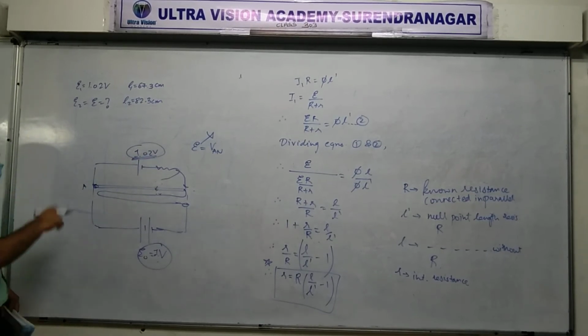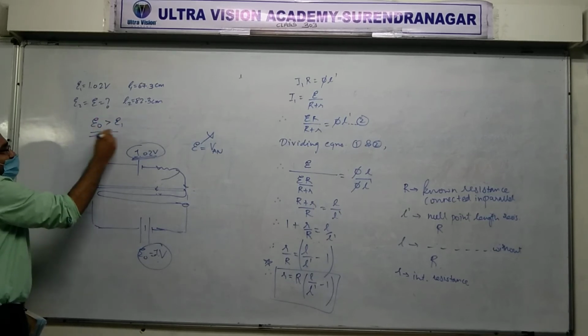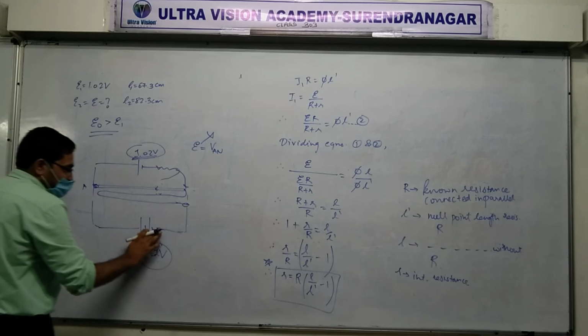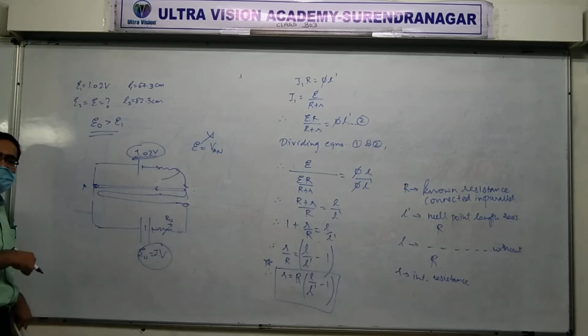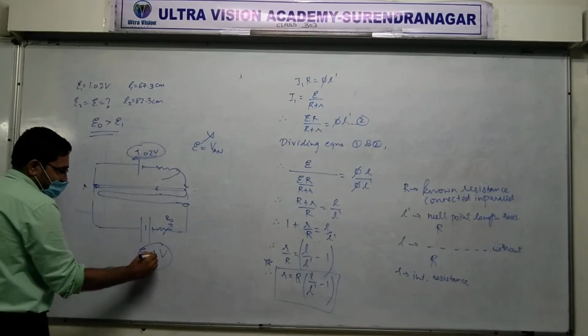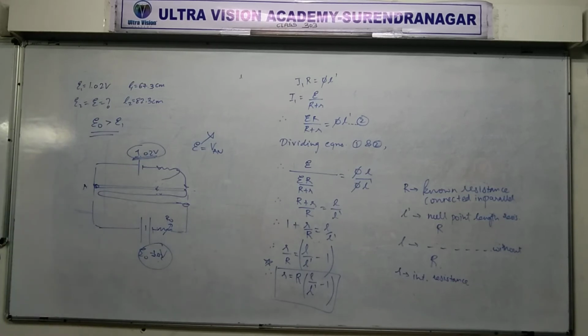So do you realize that for the potentiometer to work it is necessary that the primary cell is more in EMF than what you are trying to measure? Clear or not? There has to be a margin, because there is a resistance that you are connecting here also. So there has to be a margin, એવું ન ચાલે કે આ 1.02 અને આ 1.02, that won't work. समझ पड़ी?